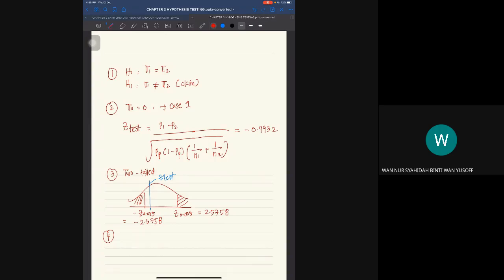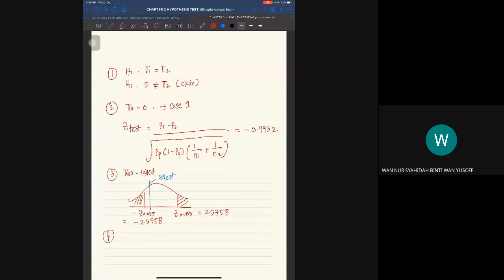I repeat, for the case of test statistic located between two critical values, when you write the comparison, you have to state both. You cannot just state one side.